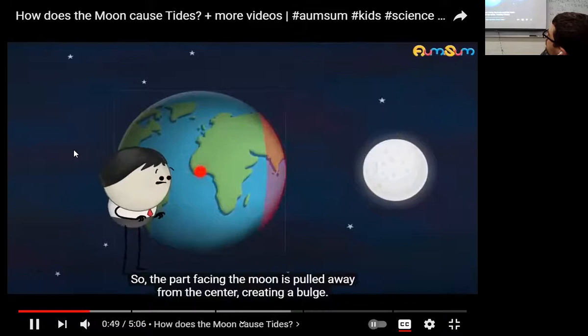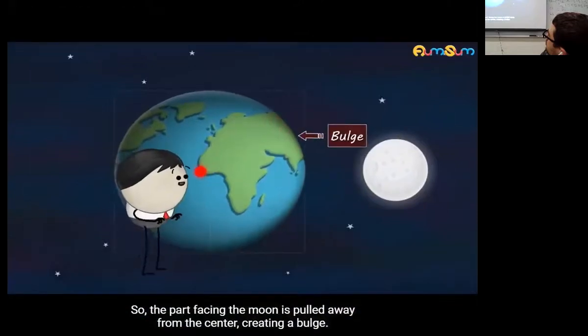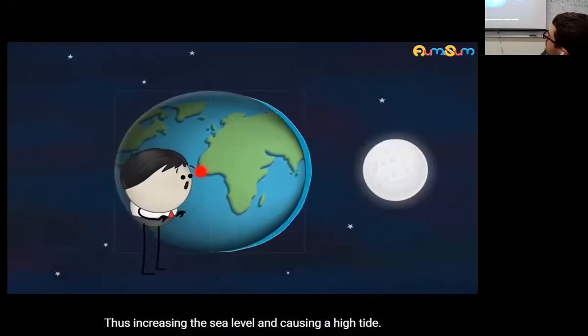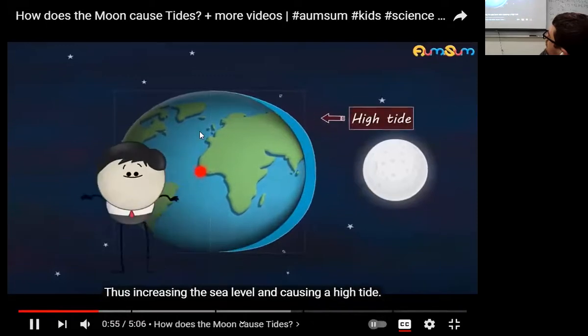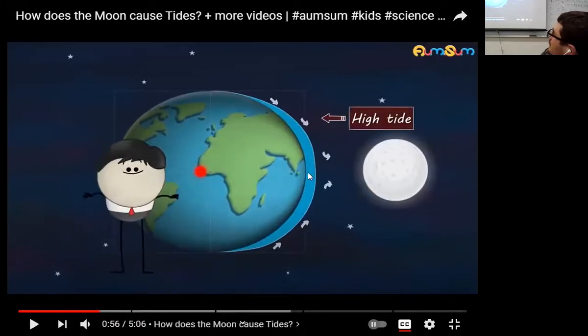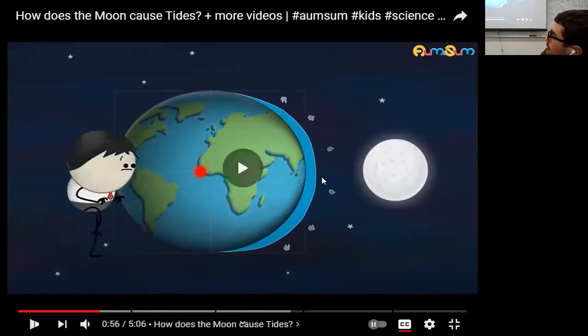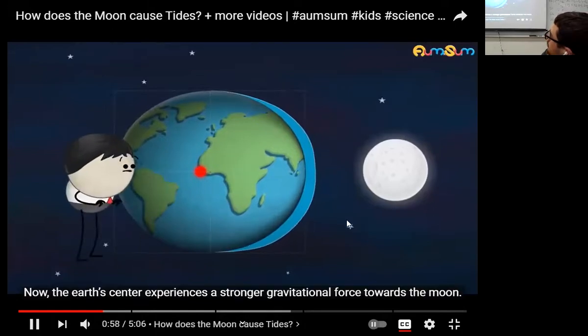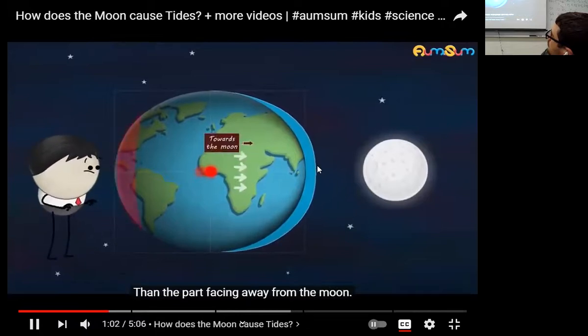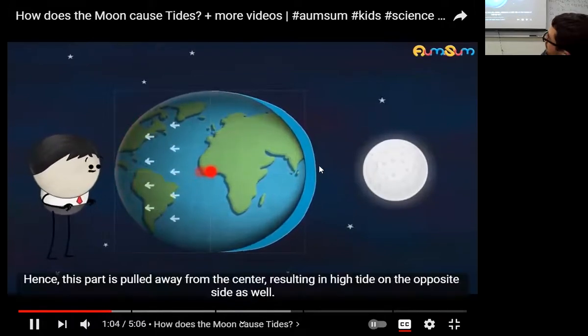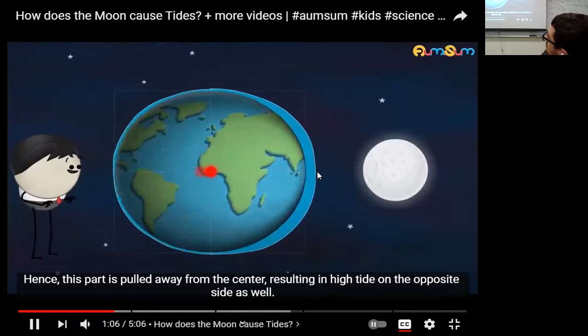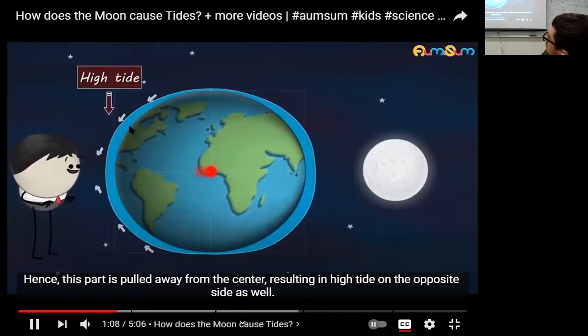So, the part facing the moon is pulled away from the center, creating a bulge and thus increasing the sea level and causing a high tide. Now, the Earth's center experiences a stronger gravitational force towards the moon than the part facing away from the moon. Hence, this part is pulled away from the center, resulting in high tide on the opposite side as well.